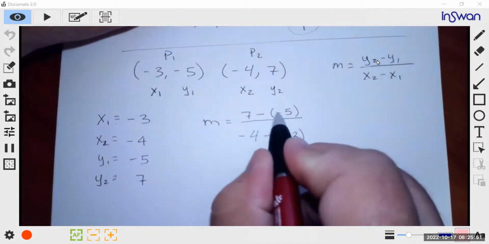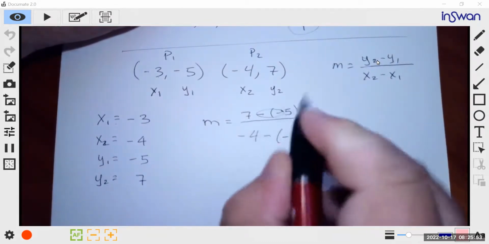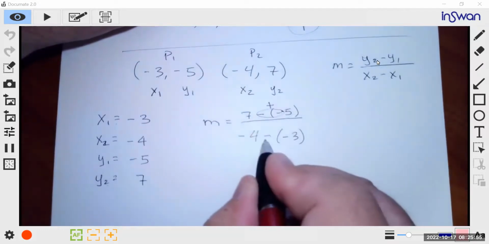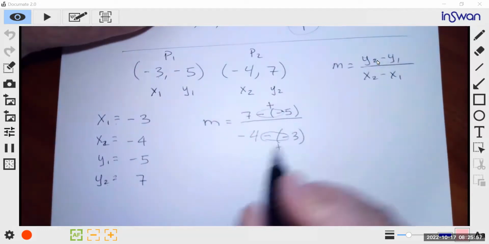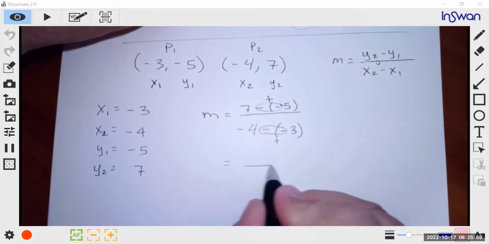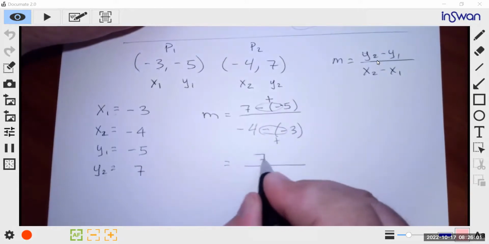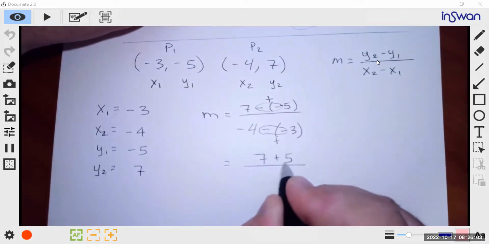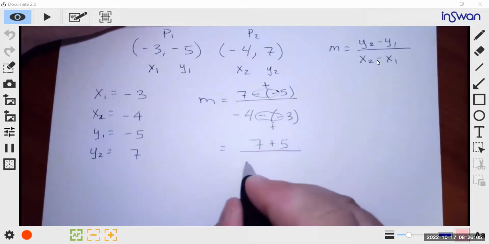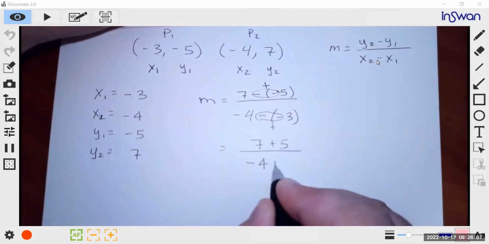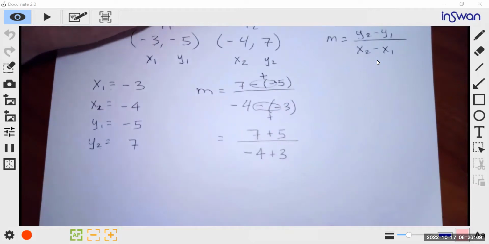First, you can't have two signs next to each other, so we have to fix those. Negative and negative becomes a positive. Negative and negative becomes a positive. So our equation now becomes 7 plus 5 over -4 plus 3.